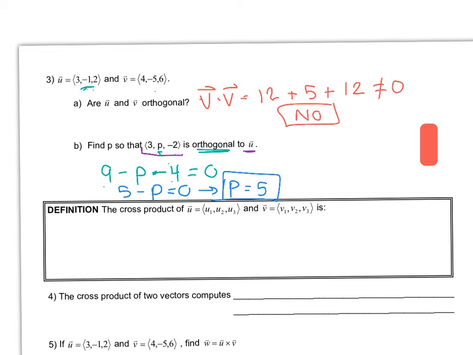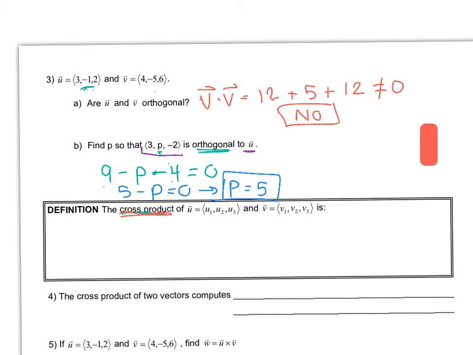All right, so now we get to something brand new down here called the cross product. So we are not talking about dot product. We are now talking about cross product. First we'll talk about notation.